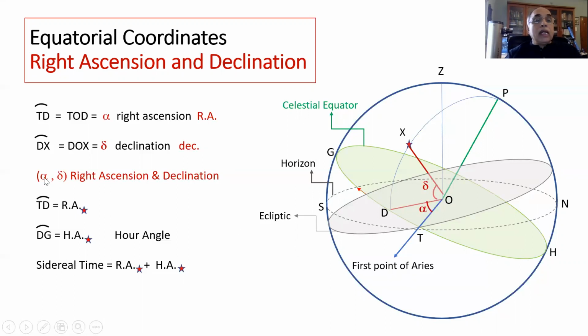So using this right ascension alpha and declination delta, we can give the location of any point of the celestial sphere in a unique way. And these coordinates are universal for all observers on Earth, irrespective of the longitude, latitude, or where they observe from. The reason being that this OP axis is the same for all, and hence the reference plane, the celestial equator, is the same for all.